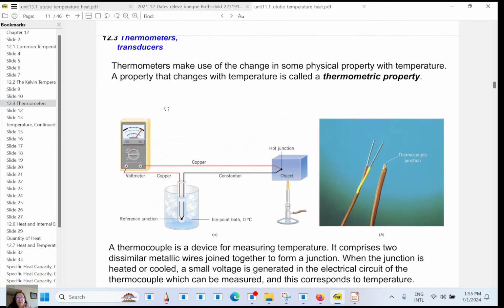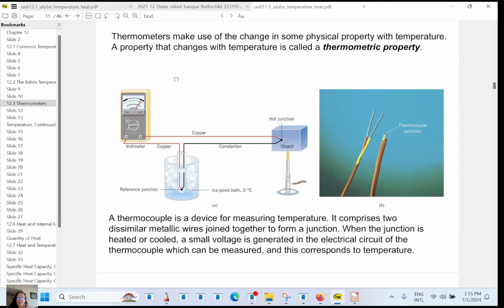Other thermometers that we use today again depend on the change of properties of materials. For example, this is called a thermocouple. It turns out that if you have two different metals, the electric voltage between them depends on their temperature. This is very nice if you are working with a microcontroller or doing electronics.